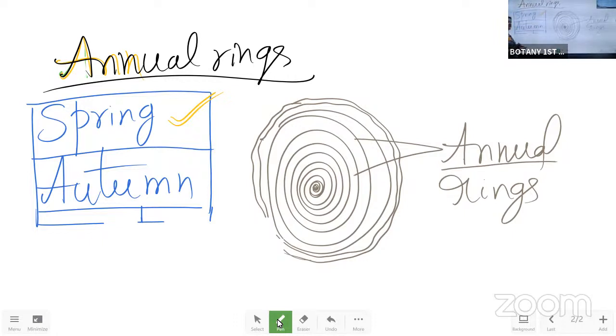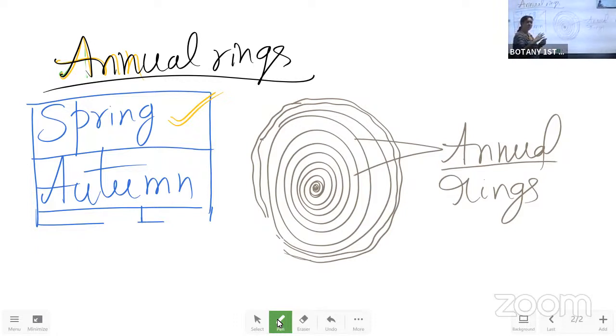So when the cells are formed, which cells are formed more? When the water is absorbed by the plant properly to pump the water to the upper parts to do photosynthesis, which part is doing this work and which part has to show much more growth? The cells have to be somewhat bigger inside. That is nothing but the xylem, isn't it?